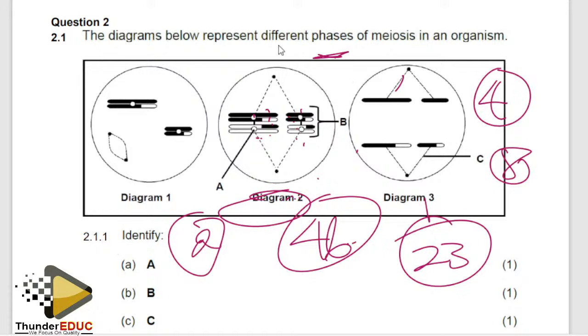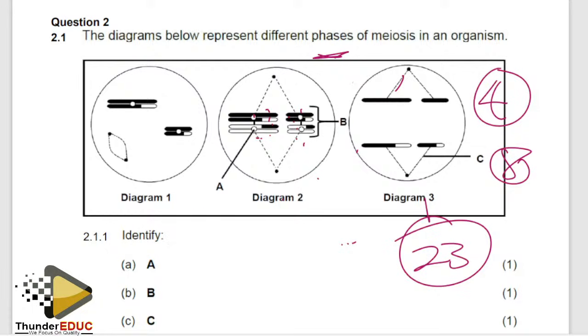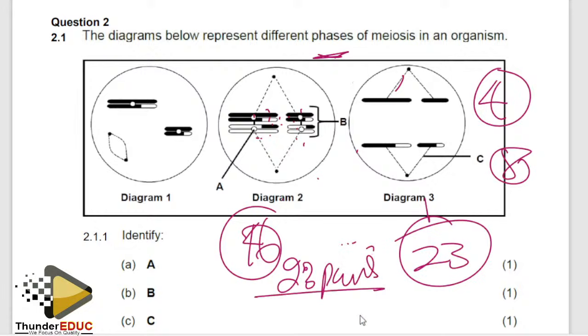Now the question comes, how many chromosomes will be found in diagram 2 if this was a human cell? Now, they said if this was a human cell. Because this is meiosis 1, human cell, therefore there will be 46, or there will be 23 pairs. Yes. I think I'm clear there. That is point number 1 about meiosis.